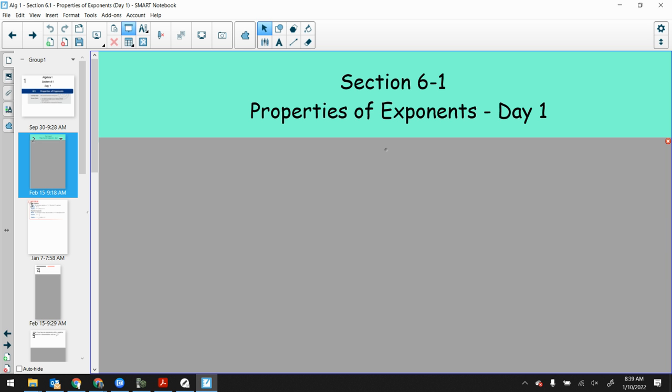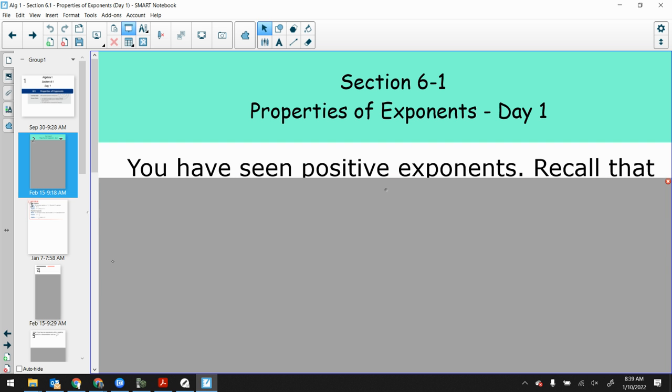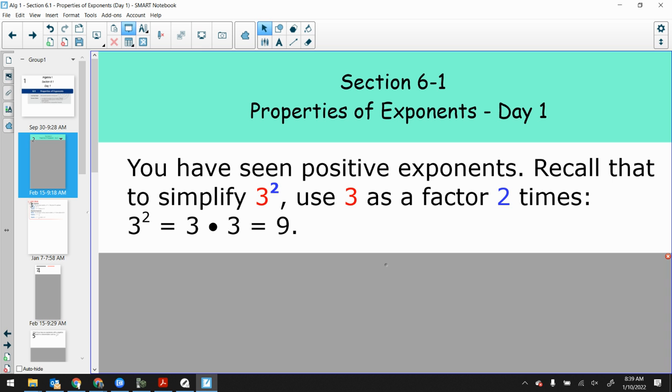Okay? You've got to do your homework to try to get this to sink in a little bit. Now, to introduce properties of exponents, we're going to talk about a bunch of rules to follow. Today we're going to start out by talking about the powers of 5. But before we start that, let's talk about what a basic exponent is. At the root of it, by definition, what is an exponent? Well, it's really just repeated multiplication.